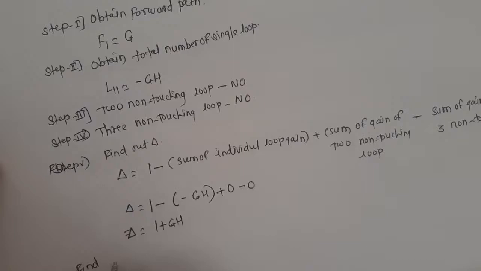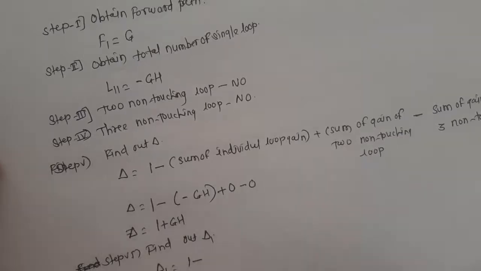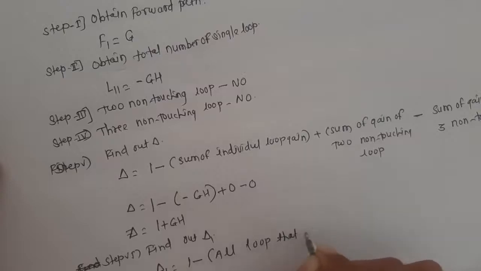Step 6 is to find out Del 1. Del 1 is equal to 1 minus all the loops that do not touch the forward path. Means all loops that should not touch the forward path.